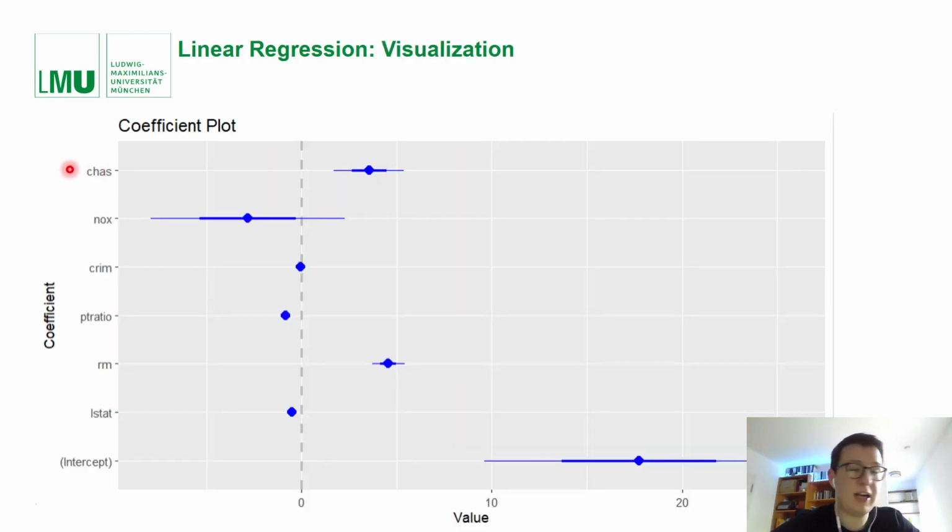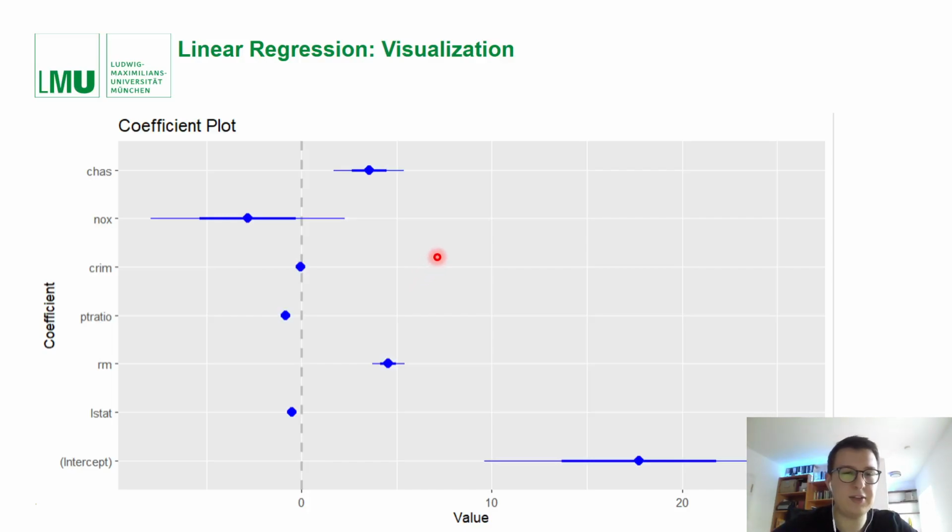If we then try to visualize our model results, first and foremost, I think it's a really nice and important plot. We can do a coefficient plot, which gives you the value for each of the regression coefficients with its respective confidence interval around it.